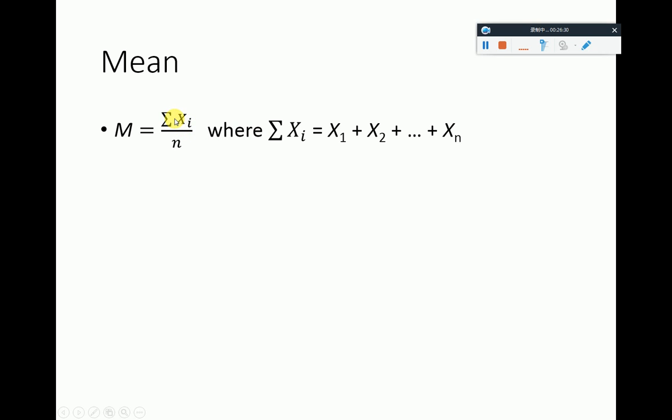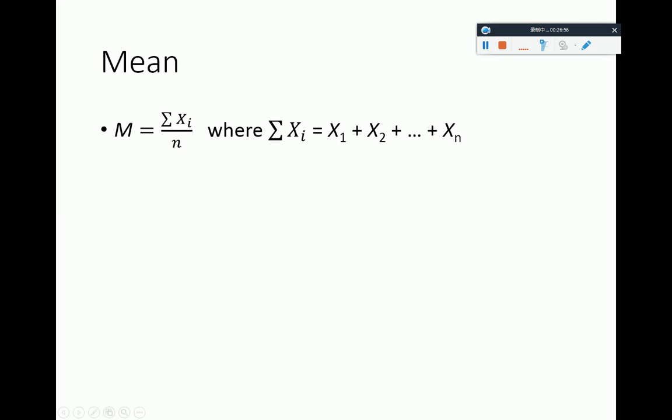It looks sort of formidable and scary, but it's not. It's just a shorthand expression of summation, which we all know what to do. With this formula, we know that to compute averages, we simply add everything up in a sample and divide the sum by the number of observations, or sample size.